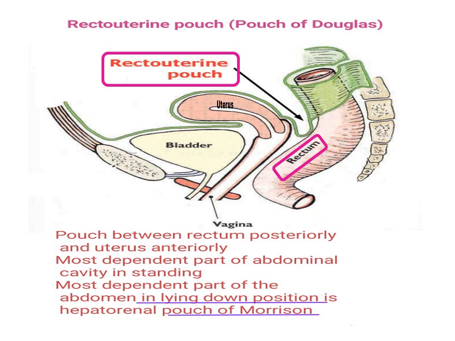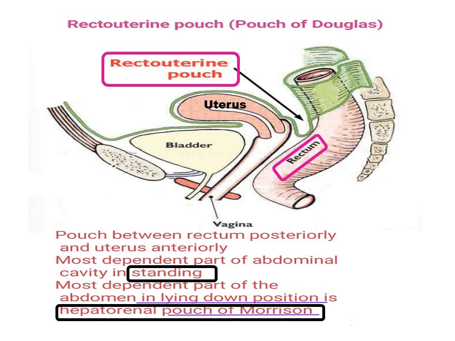It is supposed to be the most dependent part of the abdominal cavity in standing position. On the other hand, the most dependent part of the abdomen in lying down position is the hepatorenal pouch of Morrison. Hepatorenal pouch is between the inferior surface of the right lobe of liver and the anterior surface of the right kidney.